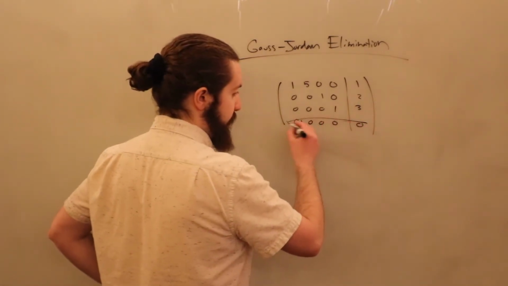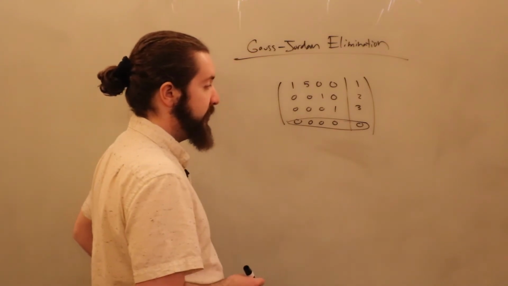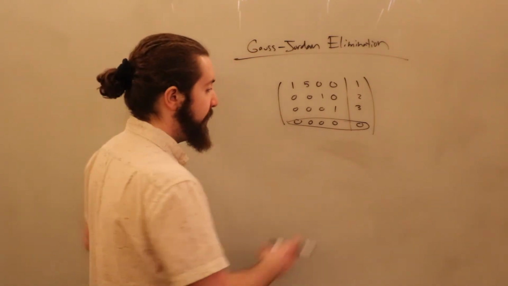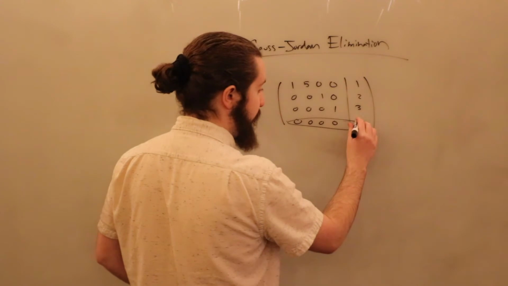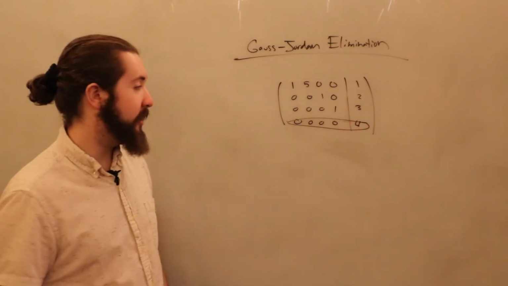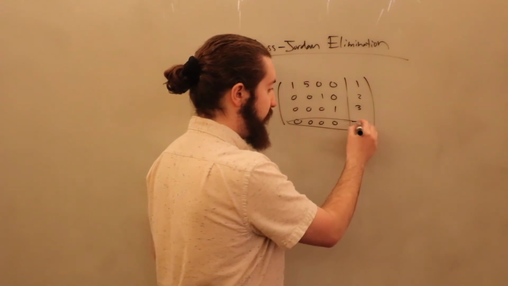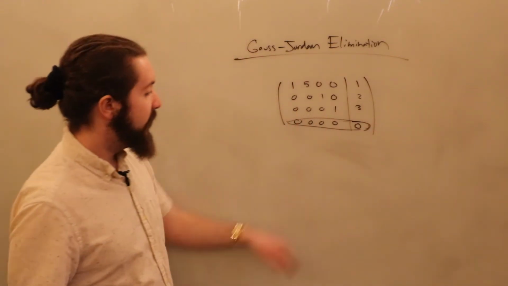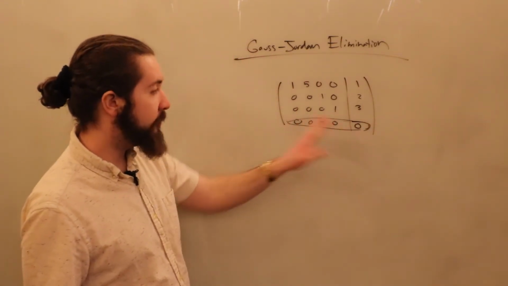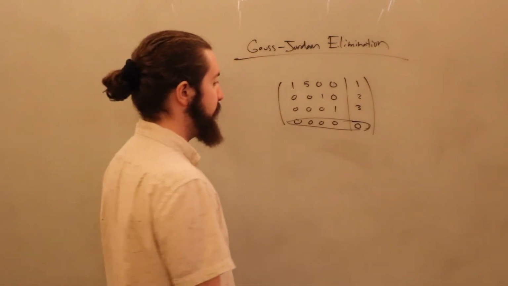Well, this last row just tells us a true statement, which is that 0 is equal to 0. If you had like a 4 here, that would be a problem. That would be an inconsistency of your equations, and it would mean the whole system doesn't have a solution. But 0 equals 0, not a problem. It's just a true statement.